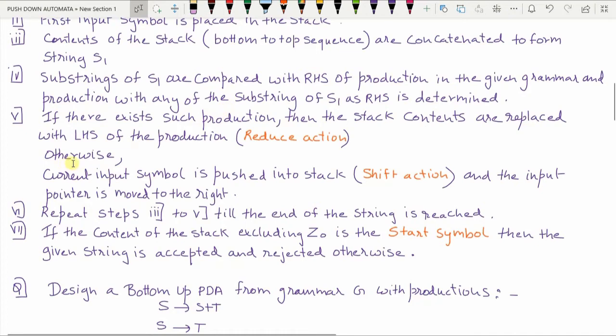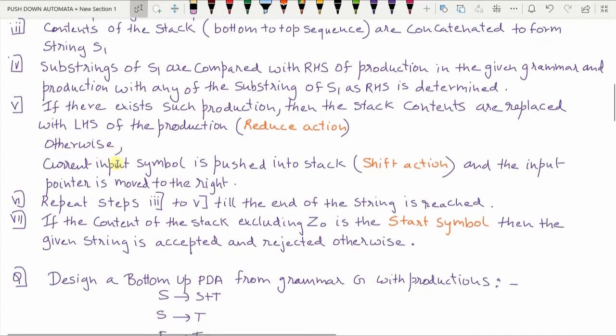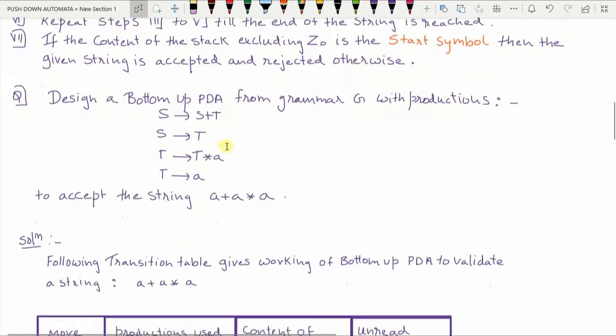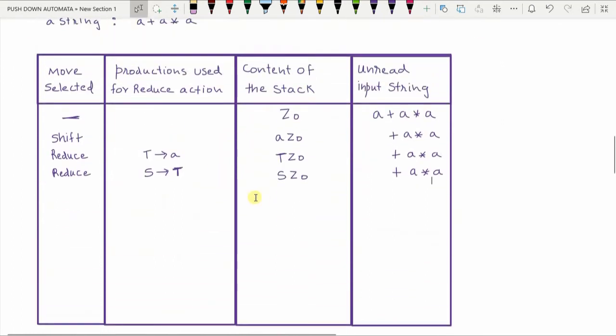So I have to go to otherwise. The current input symbol is pushed onto the stack, that's called a shift action, and the input pointer is moved one place to the right. Since reduce action is not possible, I have gone to the otherwise part, which is called a shift action.